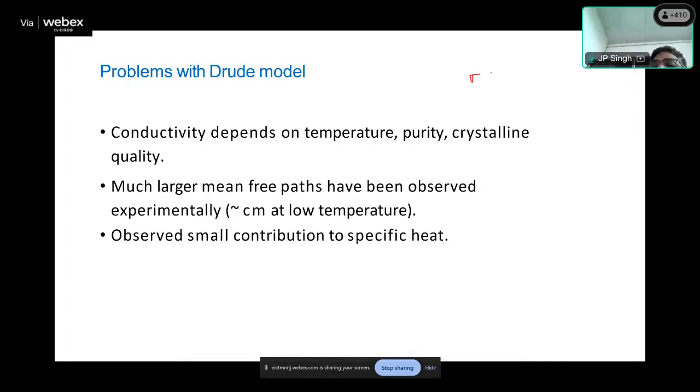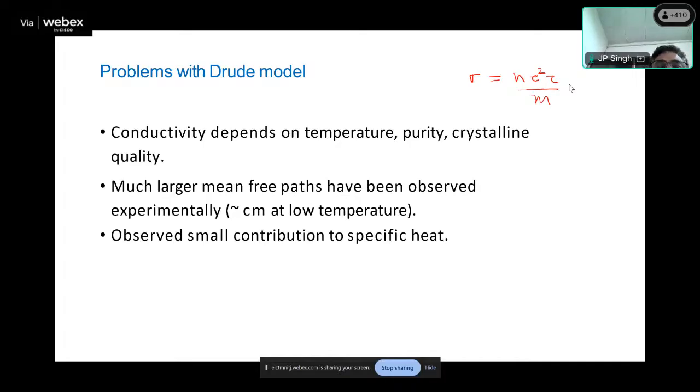But the formula we determined for the conductivity is Ne square tau by m, where tau is the mean free time. So there is no temperature term here. Experimentally, it is found that conductivity depends on temperature, but this does not come out from the Drude model. Also, if there is an impurity or the crystalline nature of the material, it does not account for that. So those are the problems.